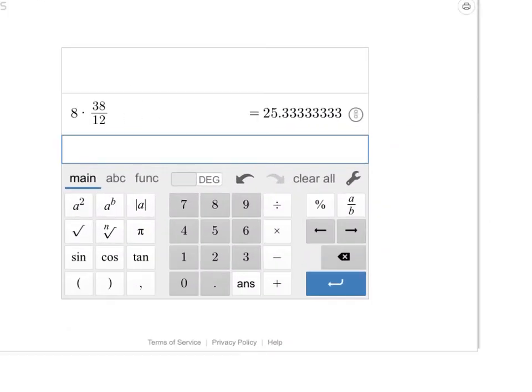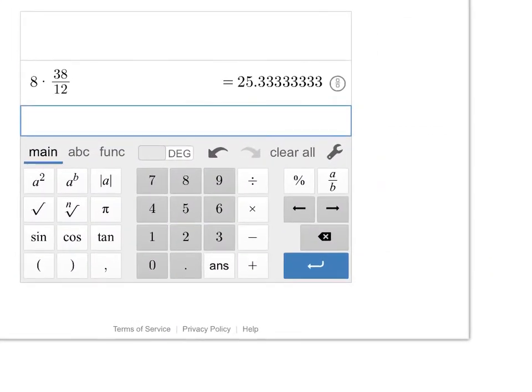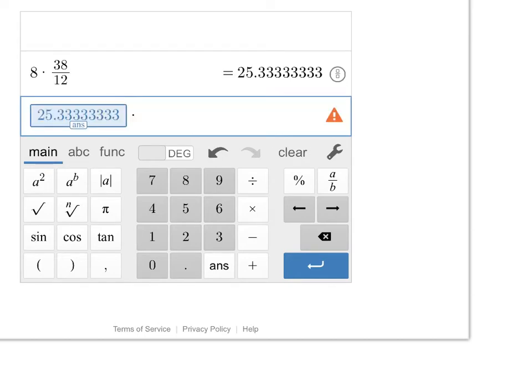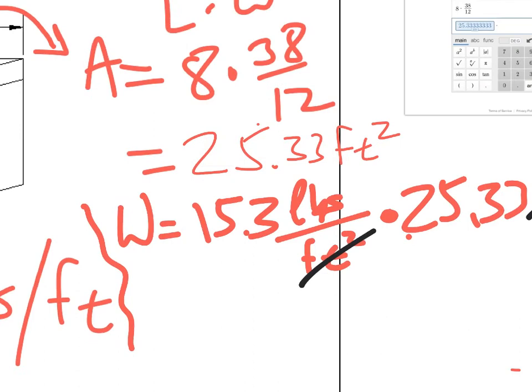So I'm going to answer using the Desmos Scientific here. Answer times 15.3. So we got 387.6. Okay, so that's 387.6 pounds.